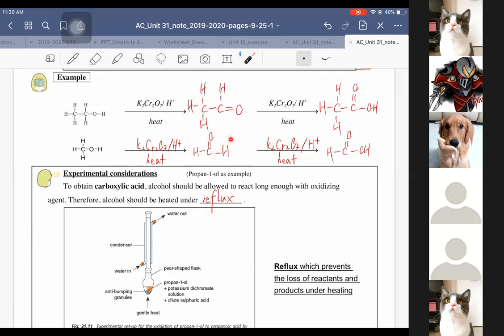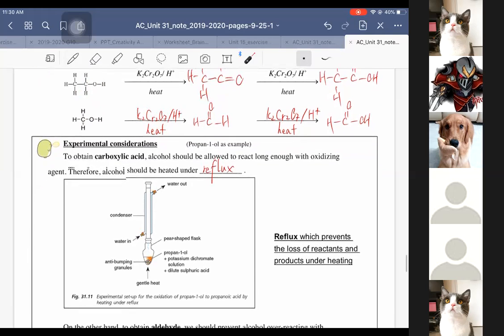So the aldehyde formed will not be able to form hydrogen bonds with its own molecules. So the aldehyde formed should have a lower boiling point compared to the alcohol. Okay, so by considering the difference in their boiling points, we will be able to separate the aldehyde from the alcohol.